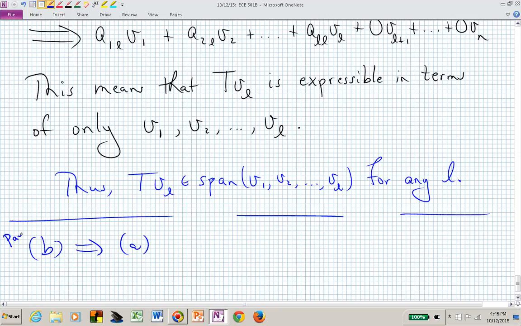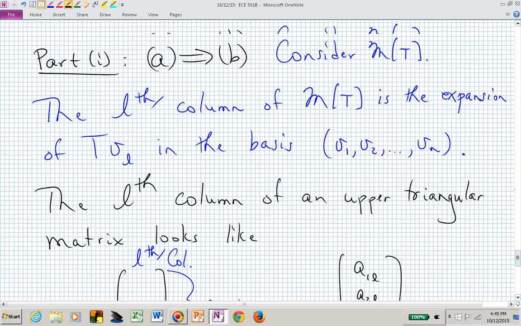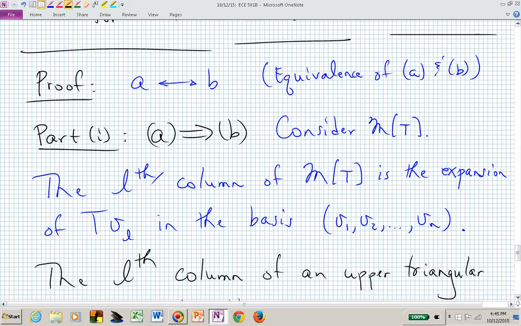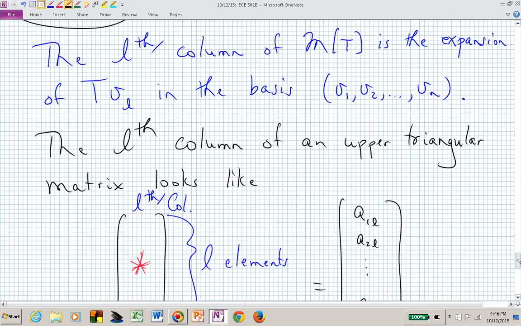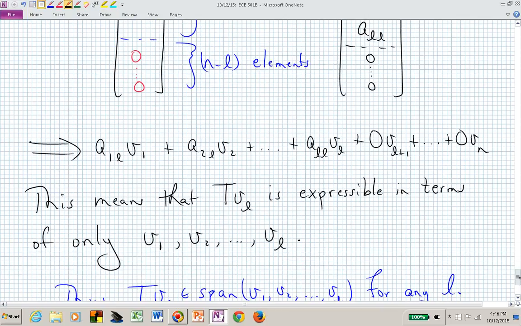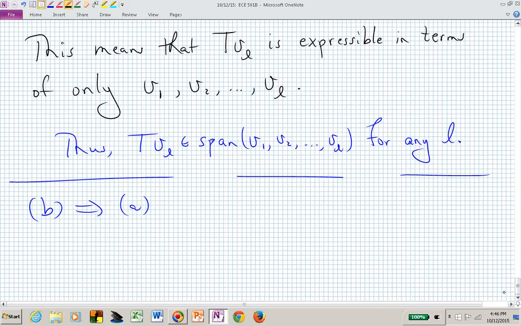Well, let me just say that this is for A if and only if B, and then part 2 of the proof will be B if and only if C. So now I need to show in this top part B implies A.